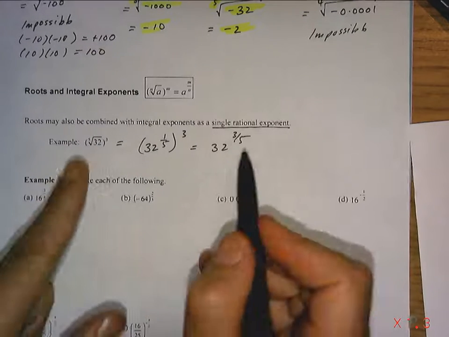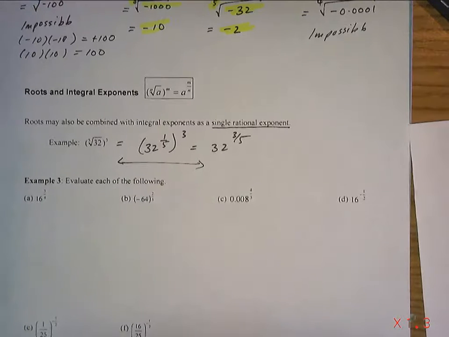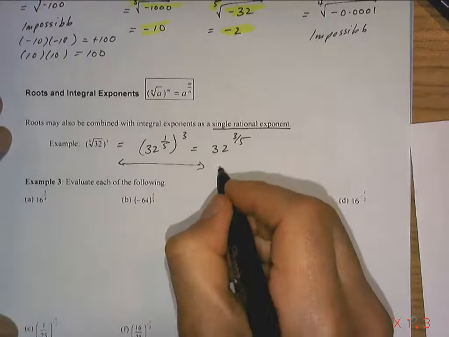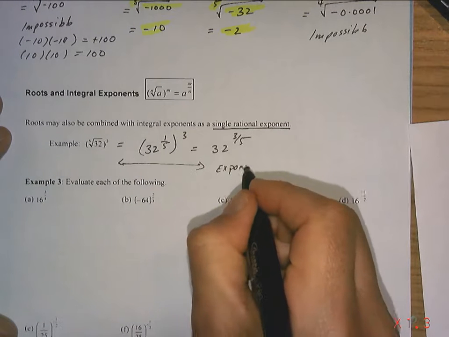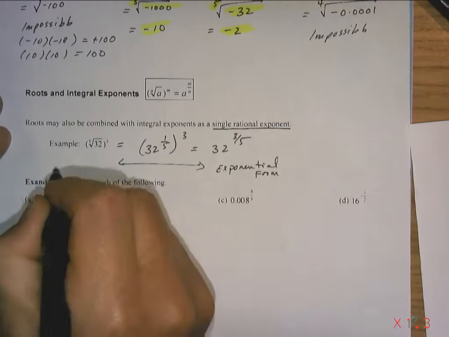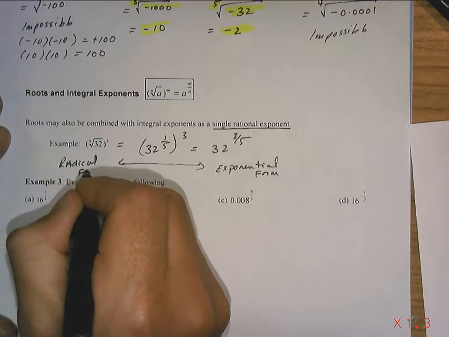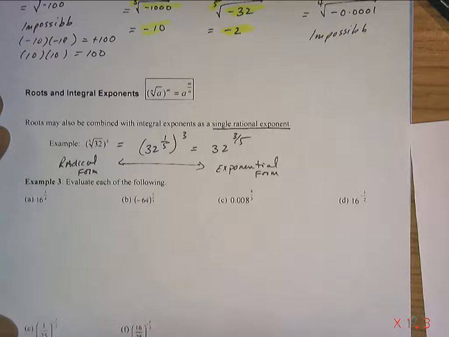And we're going to go back and forth with this. We're going to go this way and this way. This is in exponential form, and this is in radical form. You can tell the difference because this has a radical sign.